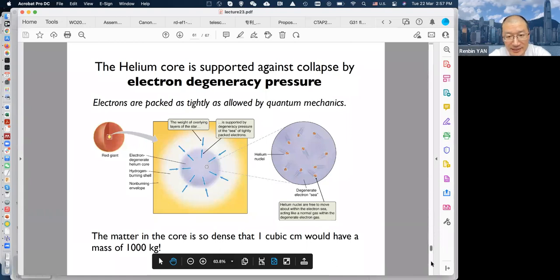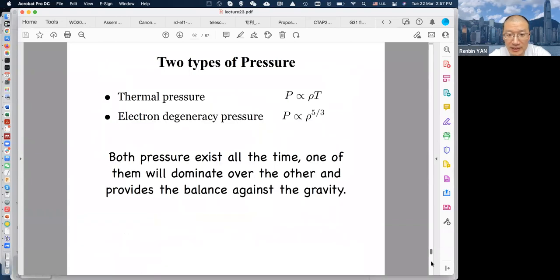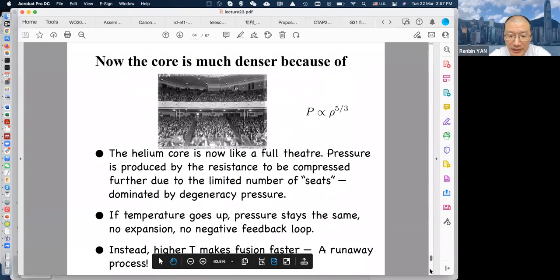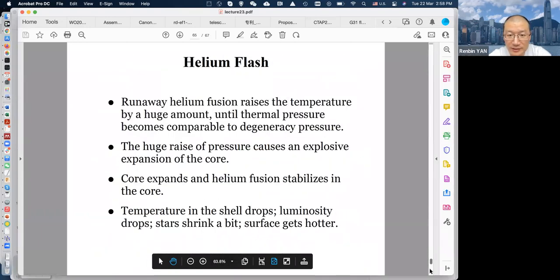At that density, electron degeneracy pressure is kicking in and helping to support the star. When the density is low, you can still put in more electrons, but if the density is high, you cannot push more electrons in, so it doesn't have that negative feedback loop.